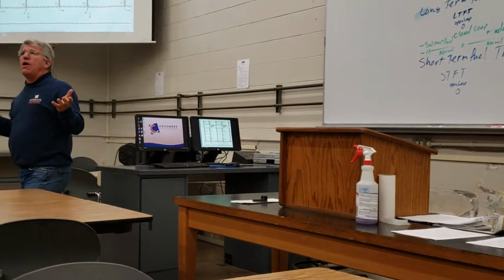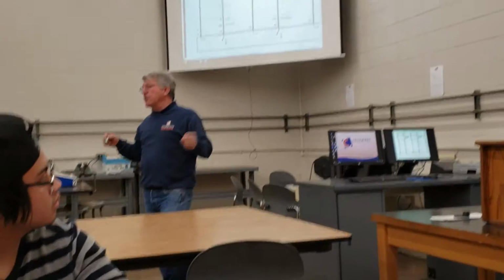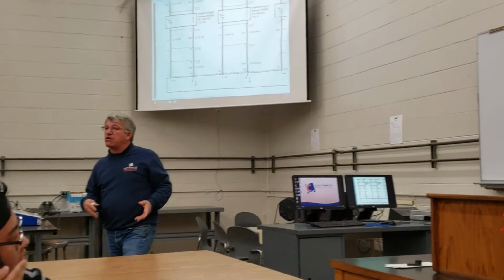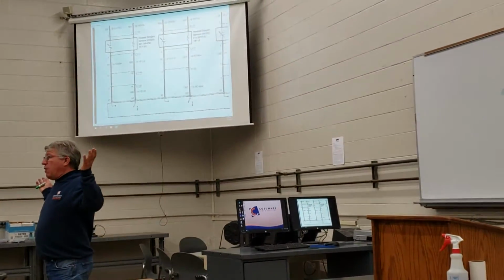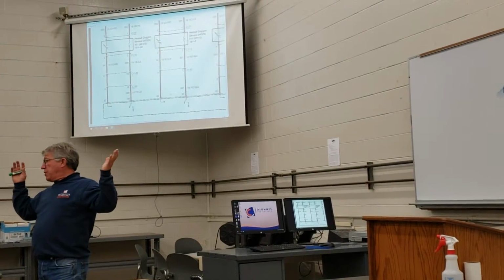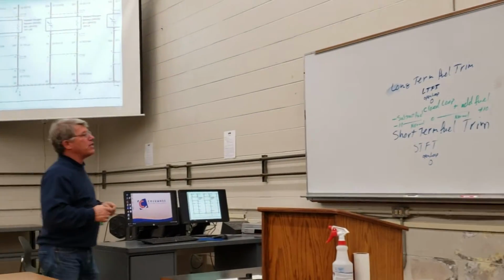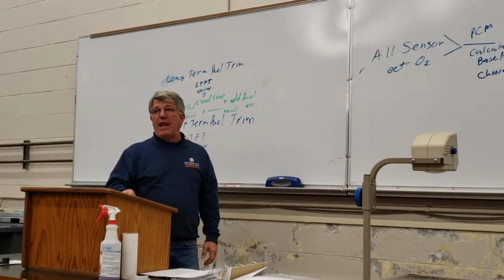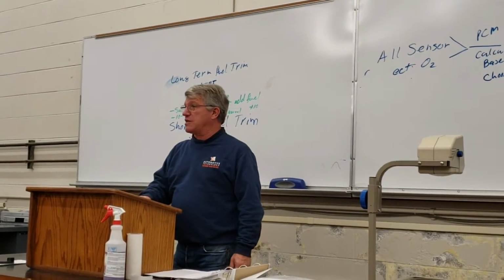That's just normal wear and aging of the car, a little bit of a dirty air cleaner, a little bit of a dirty injector, a dirty throttle plate, 1 pound up on fuel pressure. Completely normal. When it goes above that, I'm getting interested.